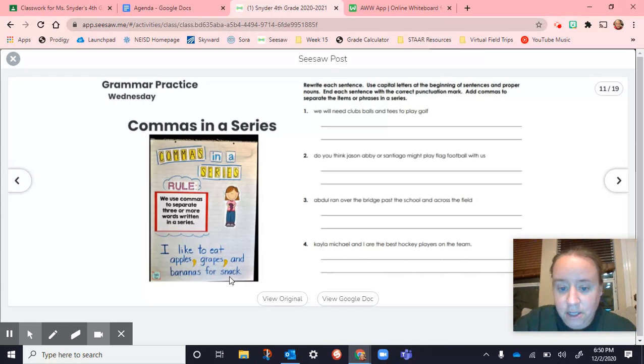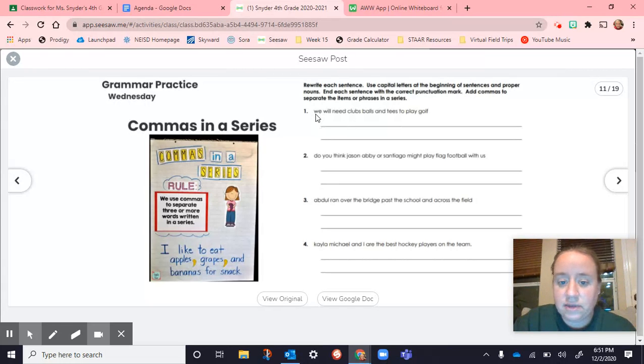So we did these. So here, for example, "we will need clubs, balls, and tees to play golf." So your list consists of clubs, balls, and tees. So that's 3 things, so we have to separate those by commas.